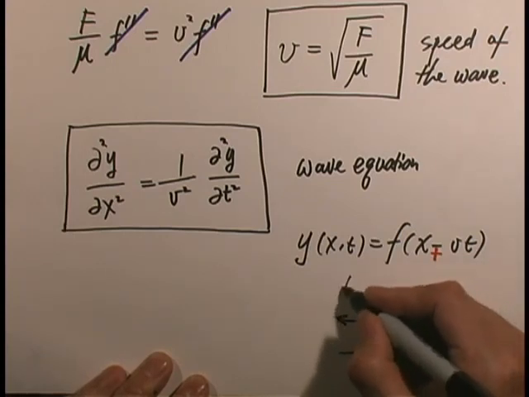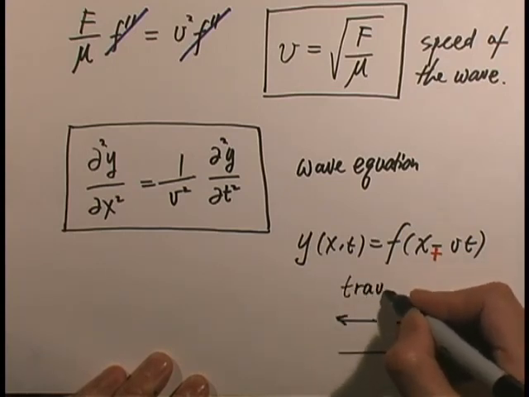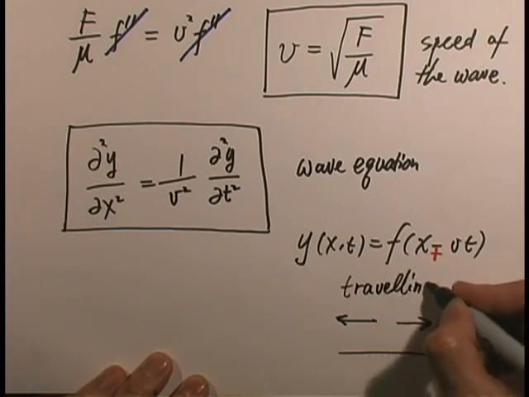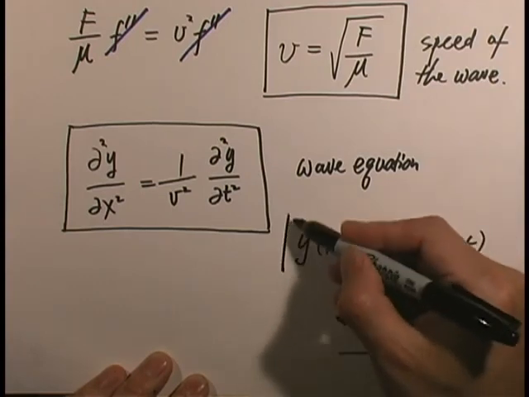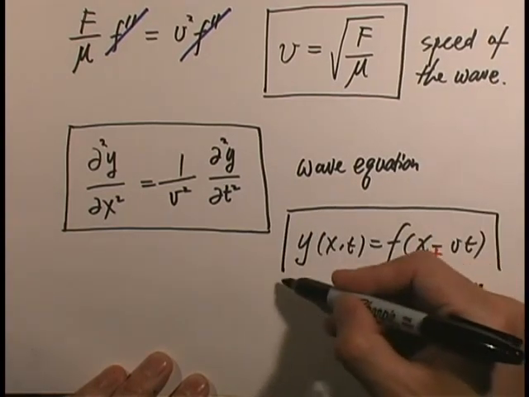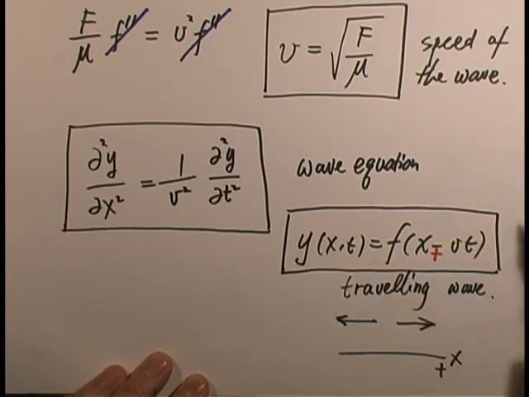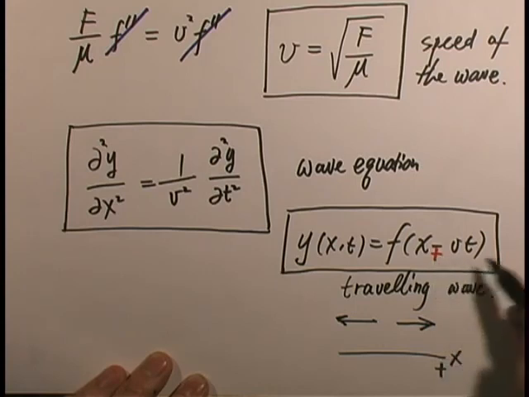We call it a traveling wave. Here is the solution to this wave equation. You can also find the speed of that traveling wave, and that is v. Again, the minus and plus sign tells us in which direction the wave propagates.